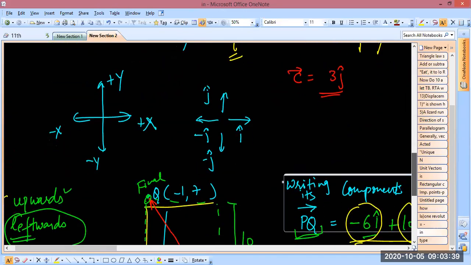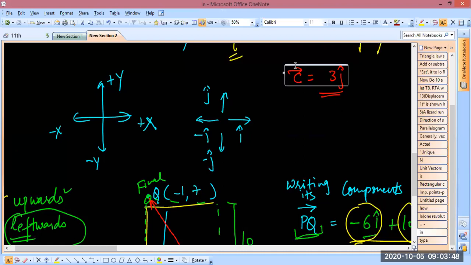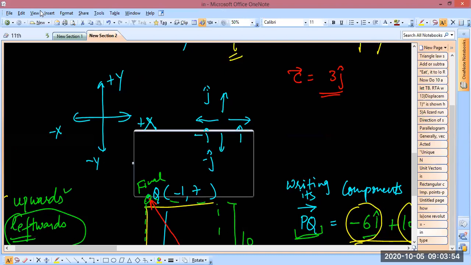Have a look at this. Ayush, do you want to say anything about this? Have a look. Look at this diagram. Right? But yes, it has come to you naturally. I can see that.